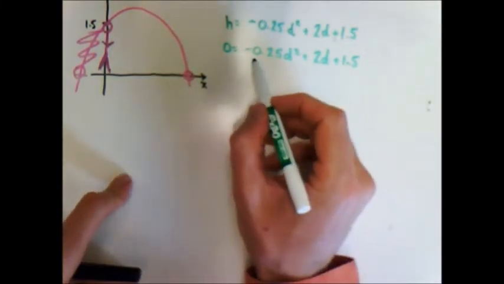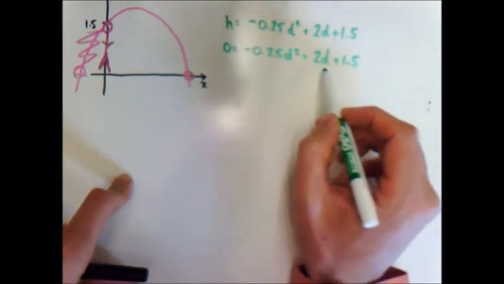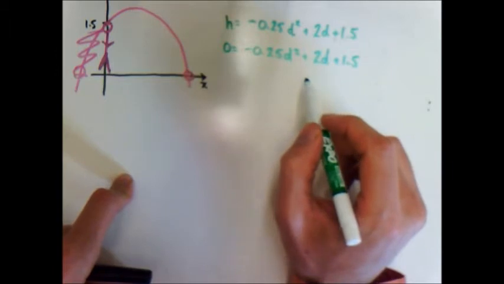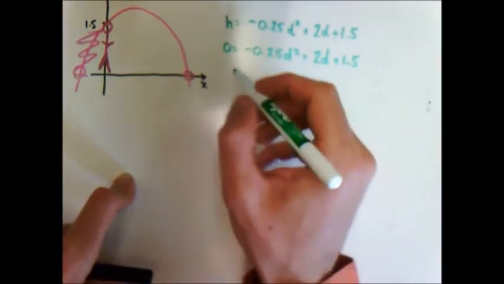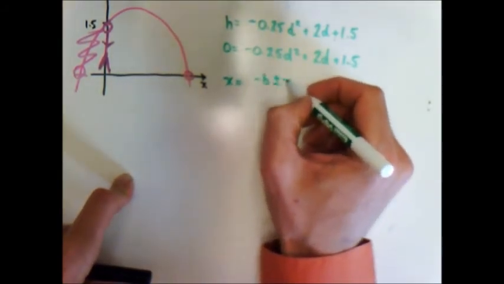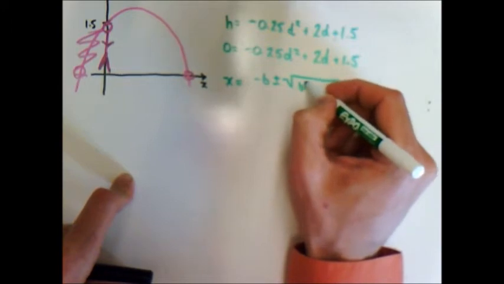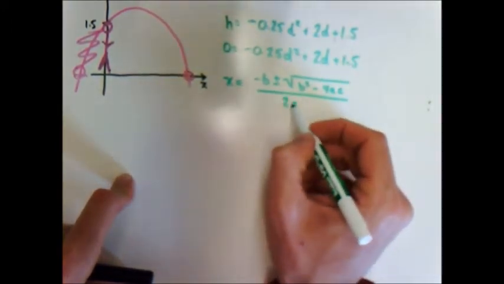I notice right away that I have a negative decimal out in the front here, and I have a decimal in the back. These things aren't going to factor out all that nicely, so I'm going to just go ahead and use the quadratic formula. x equals negative b plus or minus the square root of b squared minus 4ac over 2a.